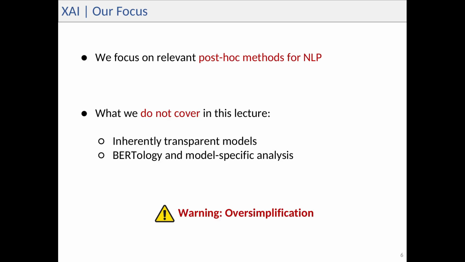Neither will we go into what was known in the literature as Bertology, which is mostly very deep and specific analysis of transformers, like BERT, which is what gave the name to the subfield. So we will not work on frameworks that specifically try to analyze a model, but rather work with frameworks that generate explanations for a multitude of them.